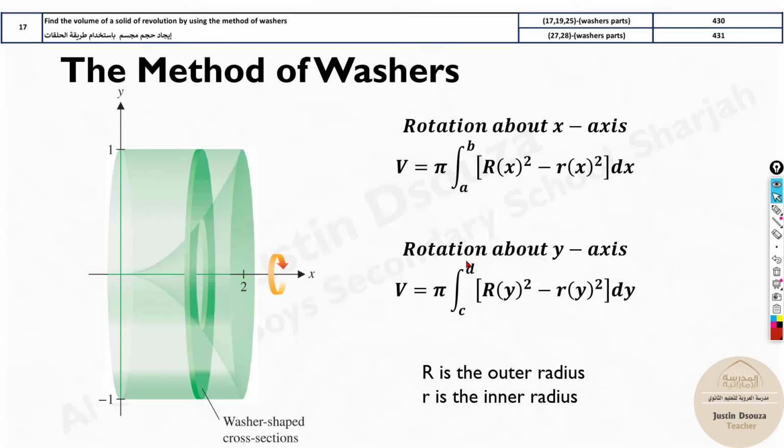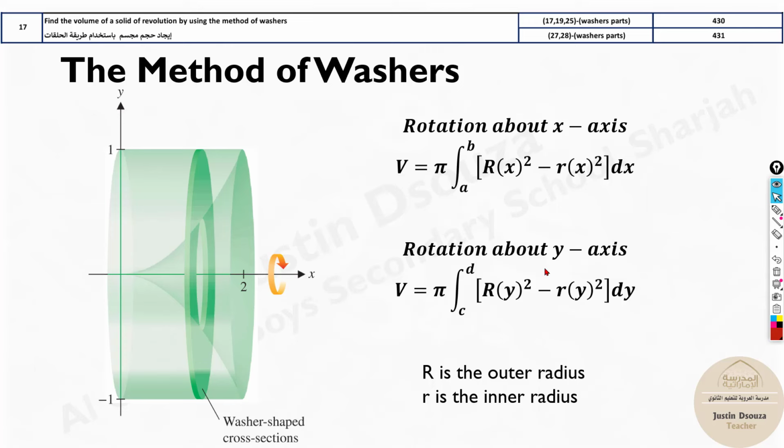Now we need to understand which formula to use depending on the question. Depending on which axis it's being rotated: if it's rotated along the x-axis, like this, or about y equals 2, 1, 3, or along the x-axis, you use the first formula, and the limits are along the x-axis itself, from here to here.